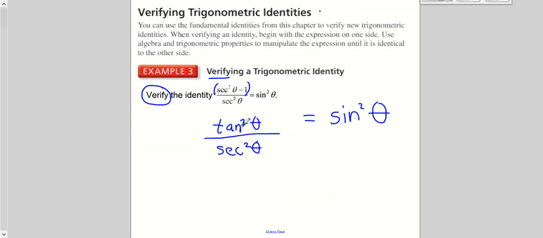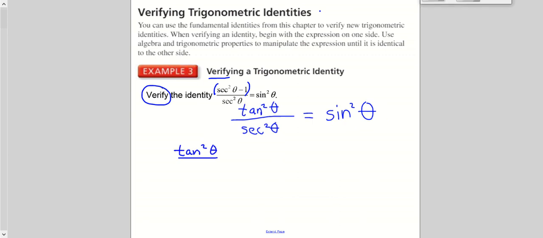Okay, we made a substitution using a Pythagorean identity. Now let's rewrite these using sines and cosines. The first thing I want to do is write this as two separate pieces. Tangent squared over 1 times 1 over secant squared. This helps me to break it up and see it as separate pieces. Tangent is the same as sine over cosine.